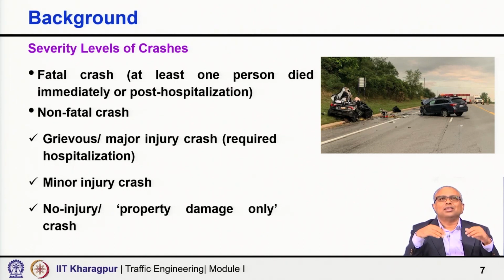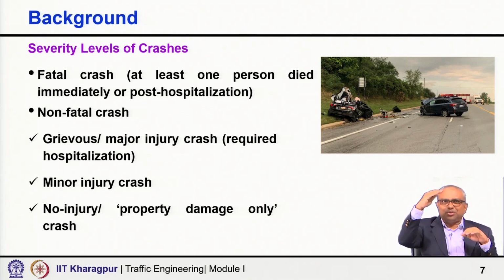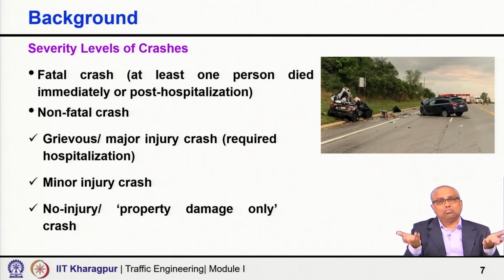The third, no injury or property damage only. That means, say, a vehicle goes and hits a small house or some shop which got damaged, property got damaged, but no injury, no death happened. So, a non-fatal crash could be a major or grievous injury crash, a minor injury crash, or a no injury, property damage only crash.